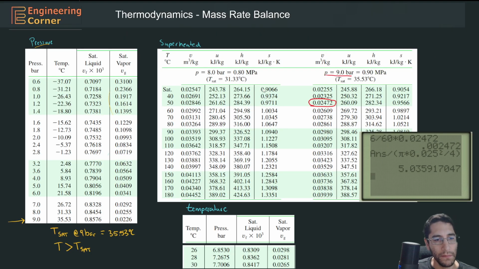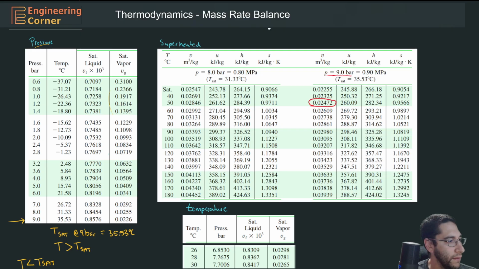So if we go to my table at 30 degrees C, well, now my temperature is less than my saturation temperature. That means I'm in the compressed region. Let me move this calculator out of the way.